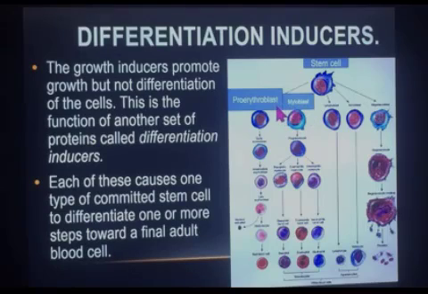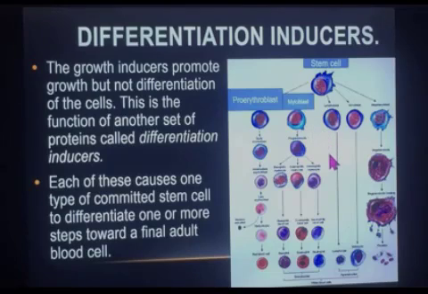In red blood cells there are multiple steps, and also in white blood cell synthesis there are multiple steps. Here in this diagram you can see the growth inducer causes production of all types of cells.